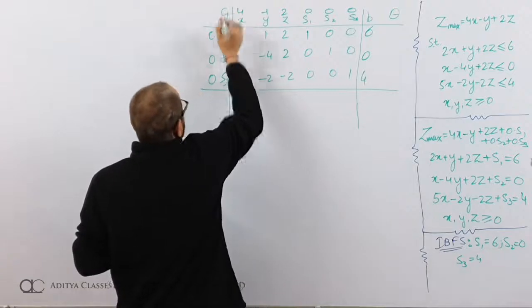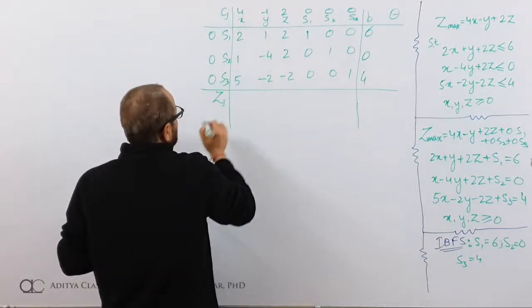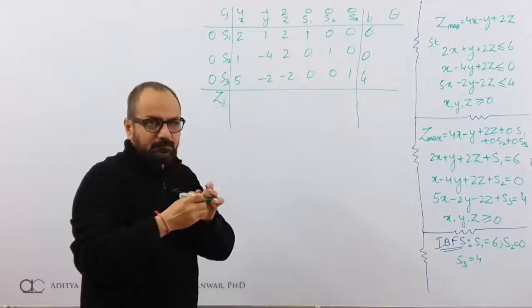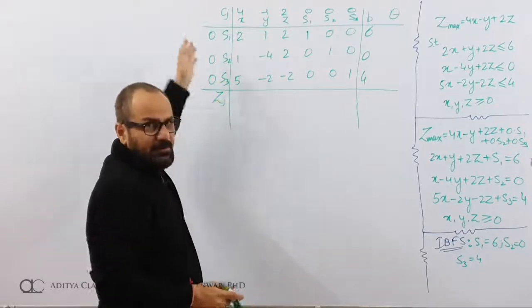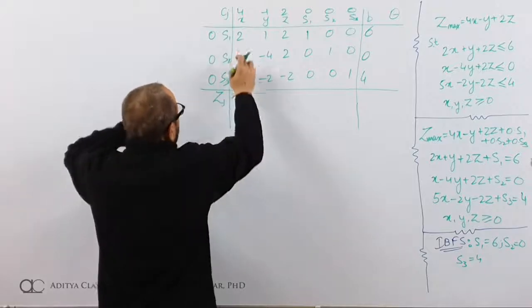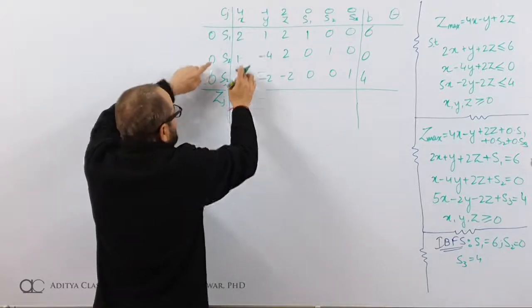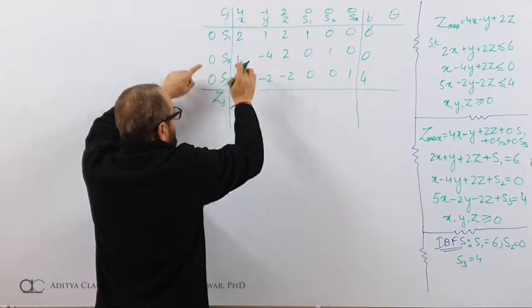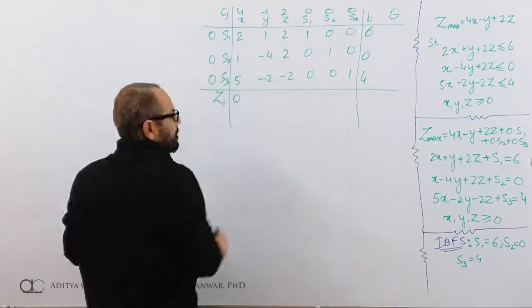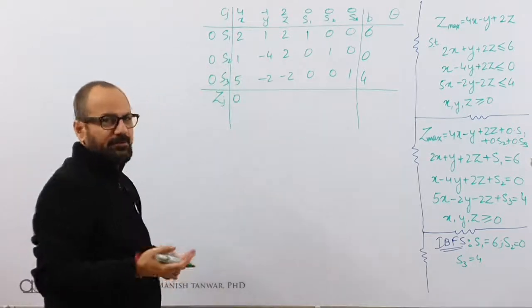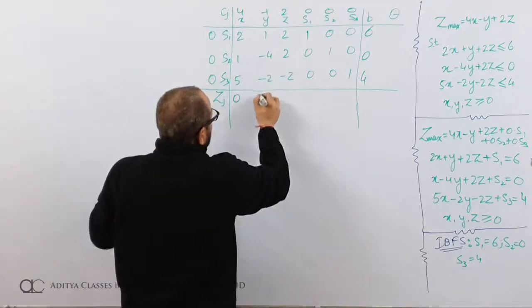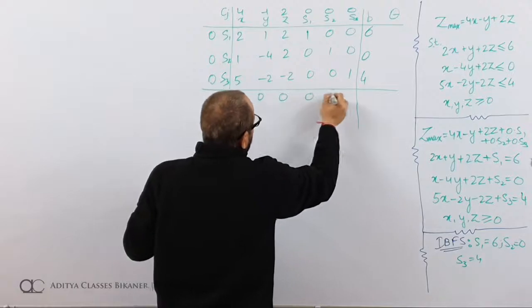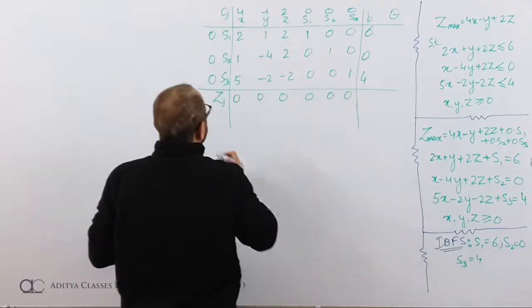These are the contributions. We have ZJs. ZJs are sum product of the respective column with contributions. So everything will be multiplied by 0. 2 multiplied by 0 plus 1 multiplied by 0 plus 5 multiplied by 0. Whichever column you take, it will be multiplied by 0. So we'll get a 0 to start with under every column.